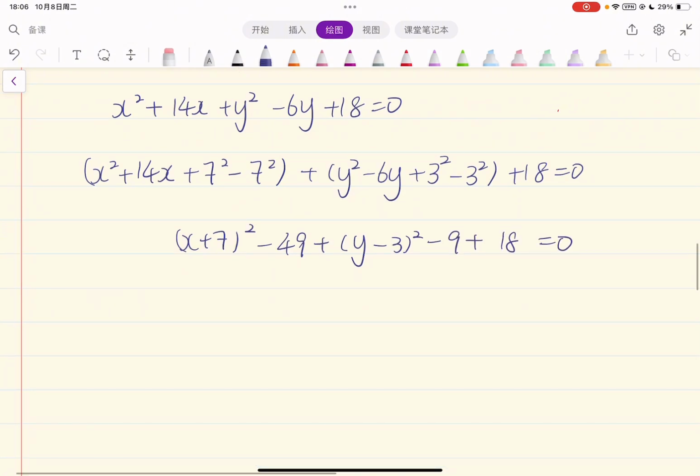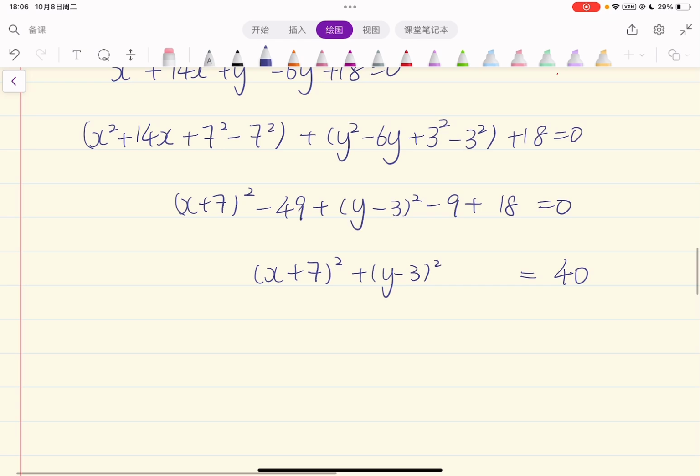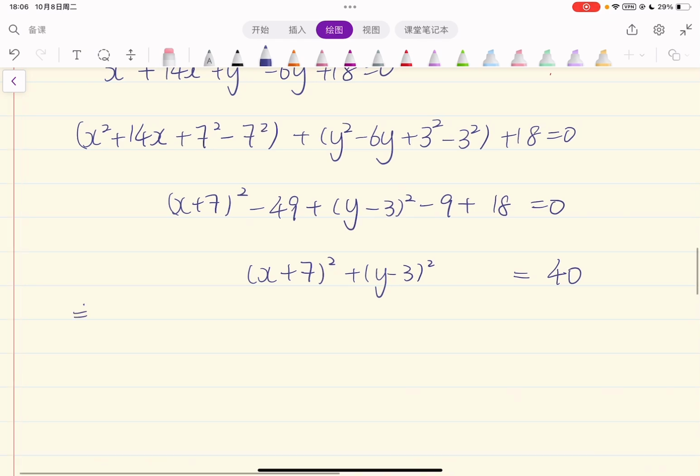We have (x plus 7) squared plus (y minus 3) squared equals, with all the constants on the right hand side, 40. Thus we have the answer: the center of the circle C is (-7, 3).